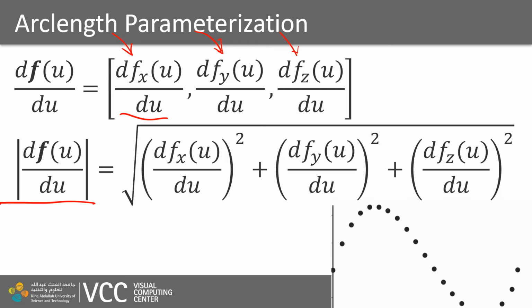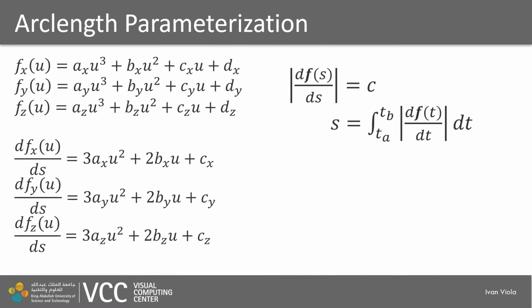We derive the function for each of the coordinates, then we square them and sum them up. Finally, in order to find the length, we perform the square root operation, as we are used to from all other calculations of a Euclidean distance. Let's have a look at one example of how this can be achieved. We have a cubic curve representation, which is a parametric curve.